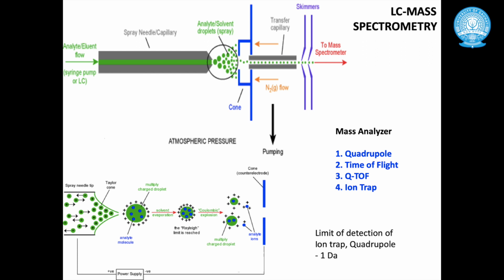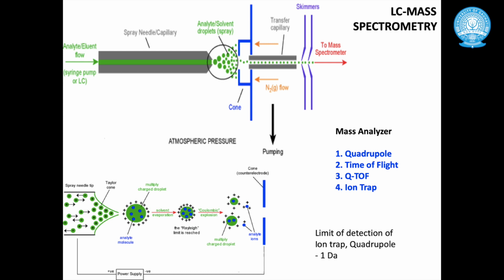There are around four common mass analyzer systems used in mass spectrometry. One is quadrupole, another is time of flight, the third is a combination of quadrupole and time of flight, that is Q-TOF, and the fourth is ion trap. Ion trap has become quite outdated these days.